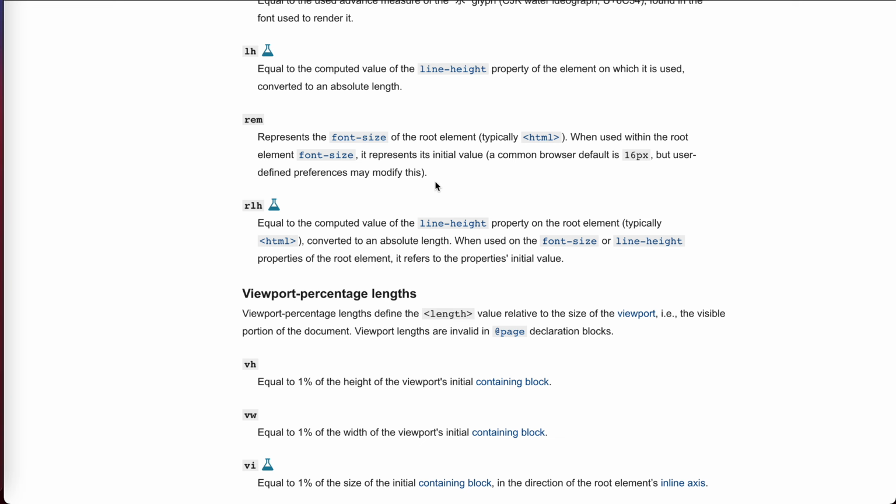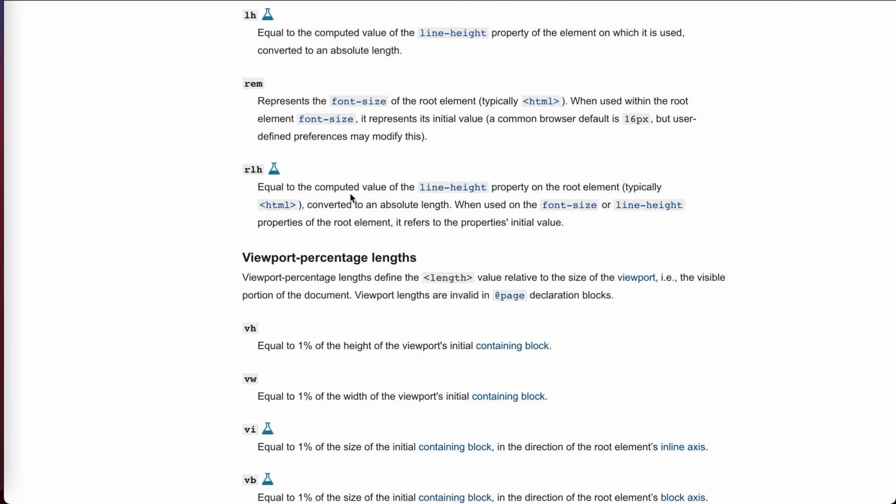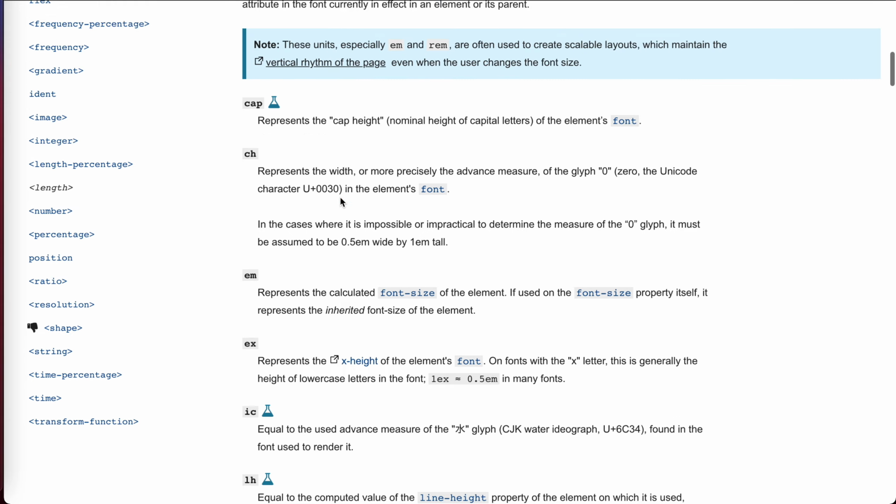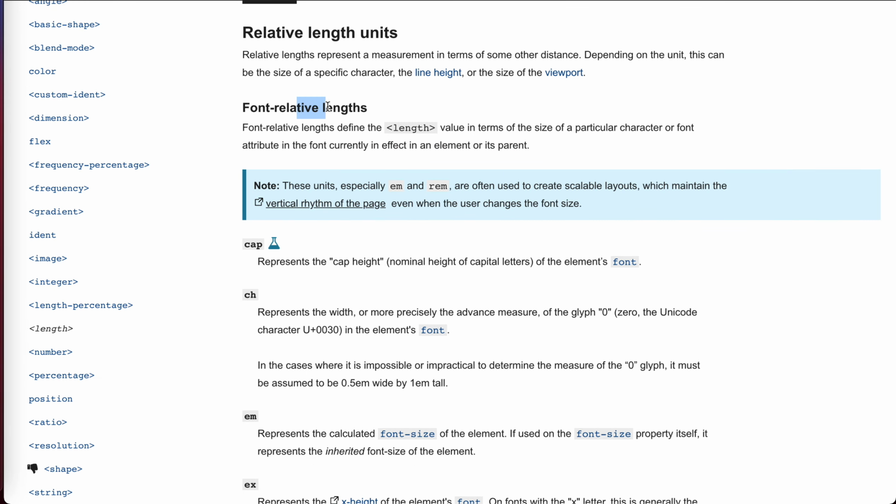Well, this has a very great advantage, is that if the user changes the font size, no matter what it is set, the margin or padding will be adaptive to the font size change. Okay, root line height, the same as rem. Okay, this is the relative length to the font.